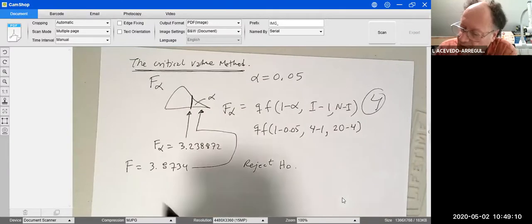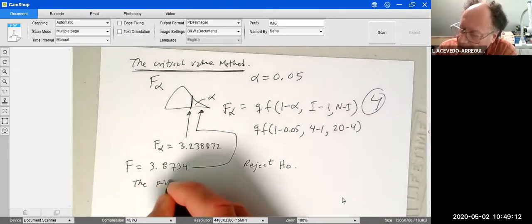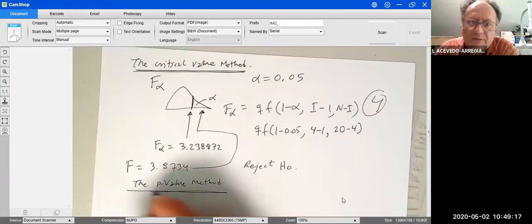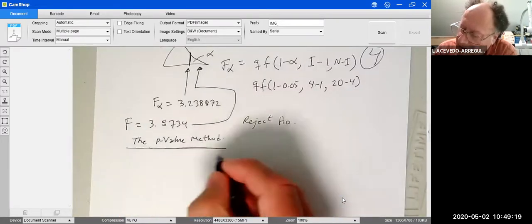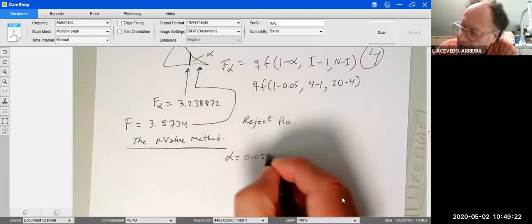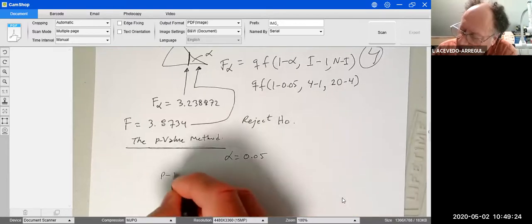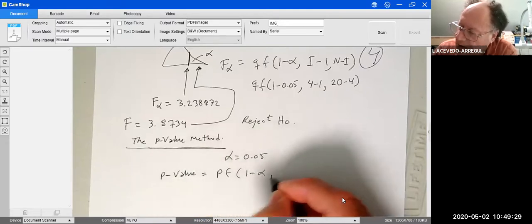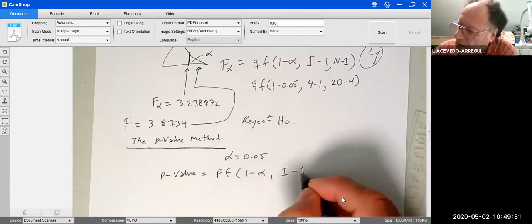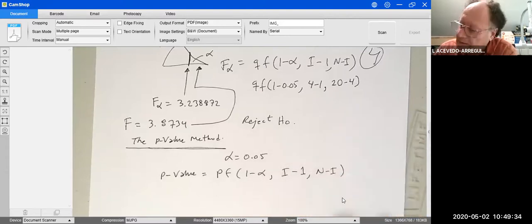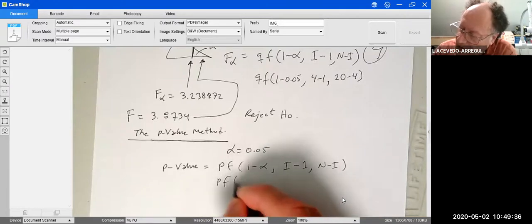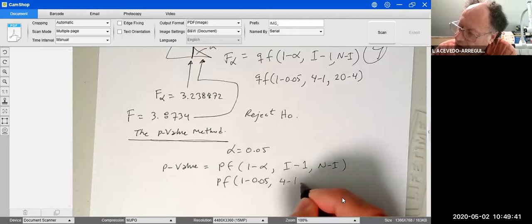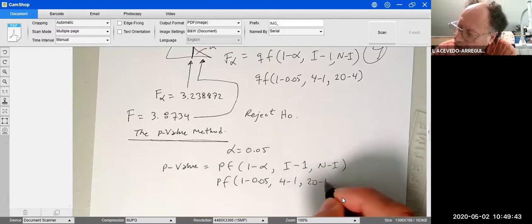So let's work the P value method. So for the P value method, we need alpha again. Alpha is 0.05, and we're going to find out our P value by using PF of 1 minus alpha, comma I minus 1, N minus I. So this is going to be PF of 1 minus 0.05, then again 4 minus 1, comma 20 minus 4.